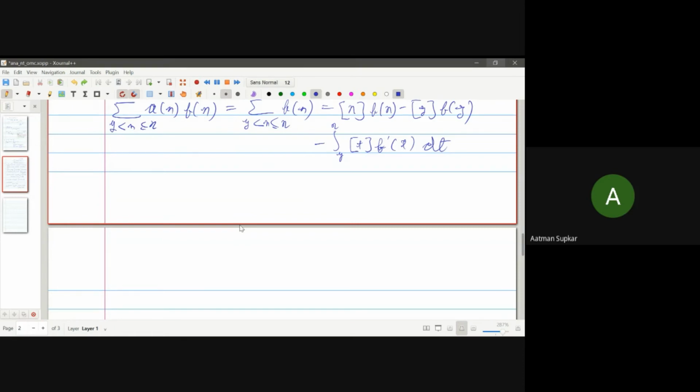And what we have to do, give me a second, let me try to recall the details.